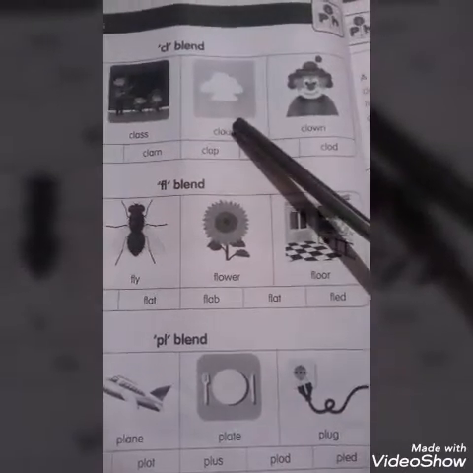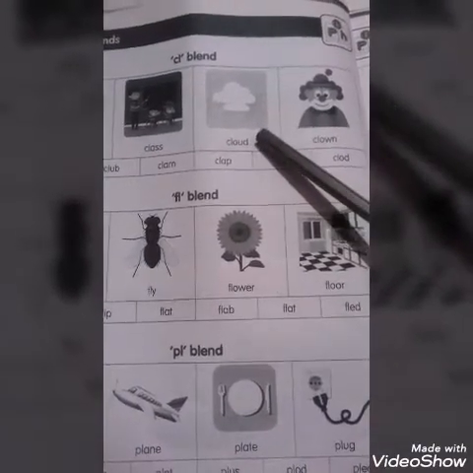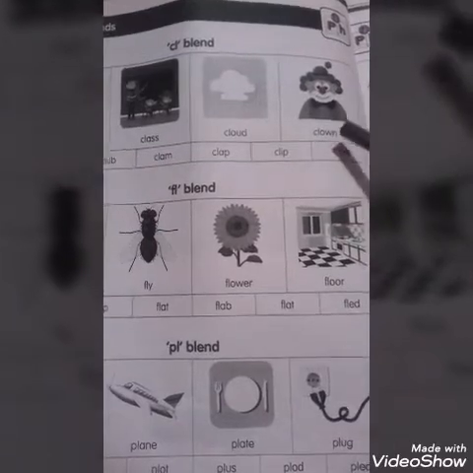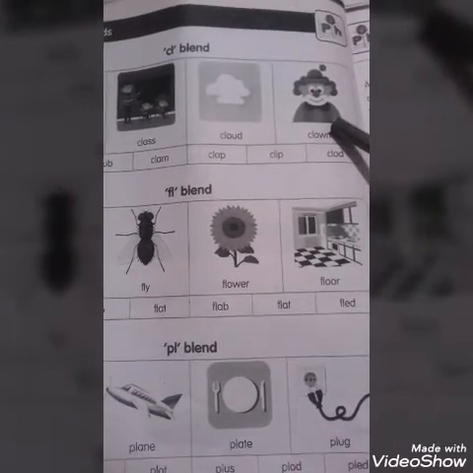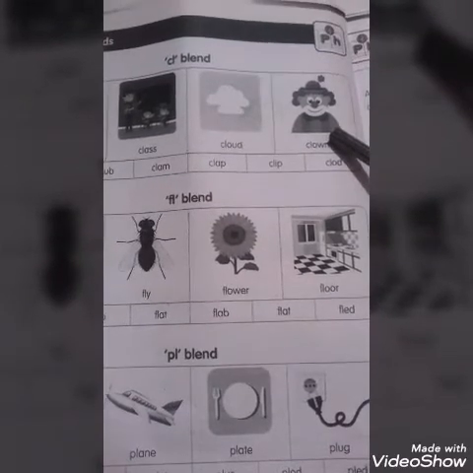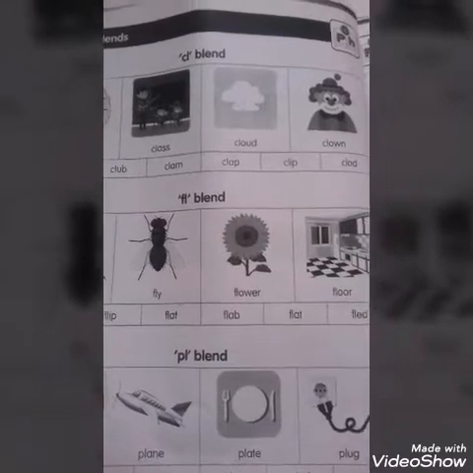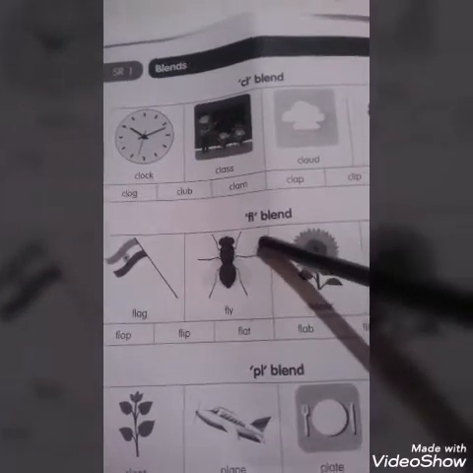What is this? Cloud. What is this? Clown. Okay, next.